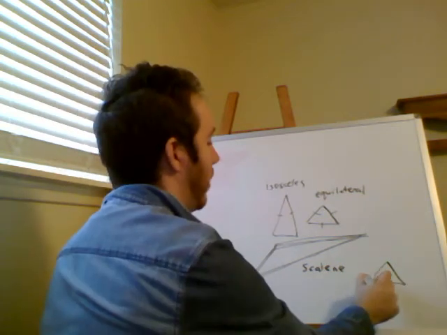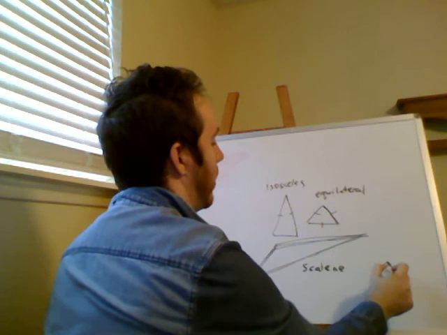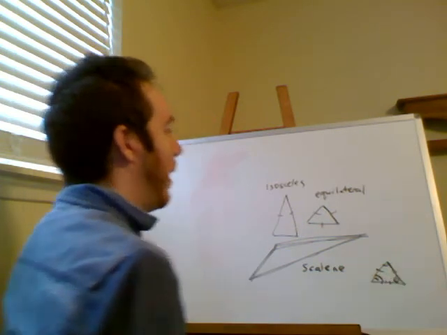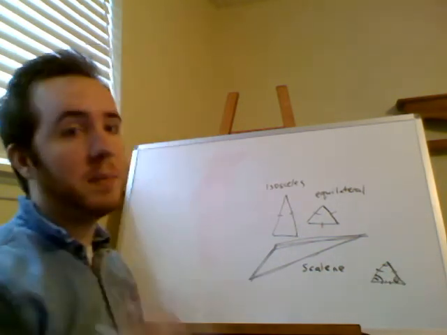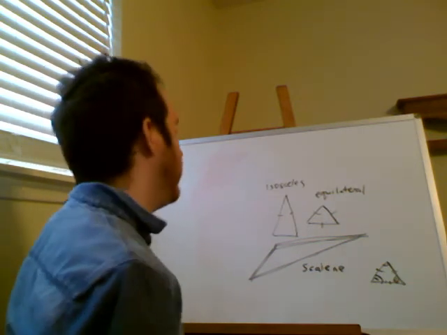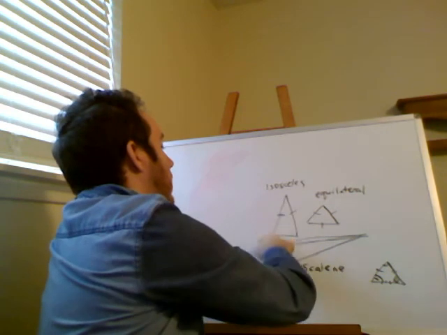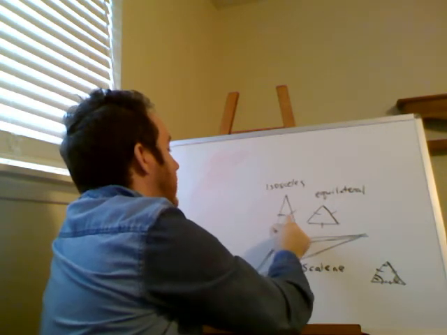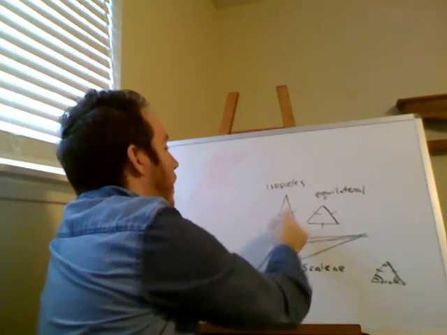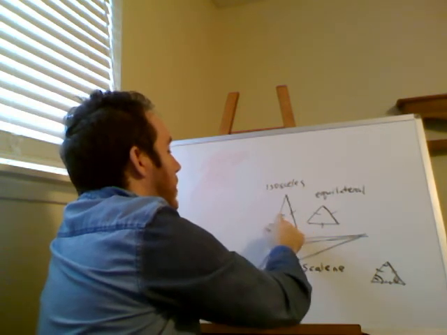Not only are all of its angles the same, you can also say that all of its sides are the same as well. And that is because all of their angles are equal. In the same way, we see that these two sides are equal. We're going to talk about the opposite sides, the opposite angle to it. This side's opposite angle is this angle.